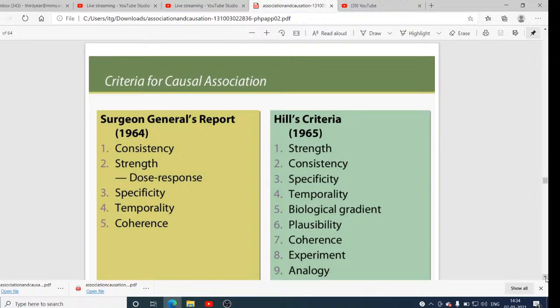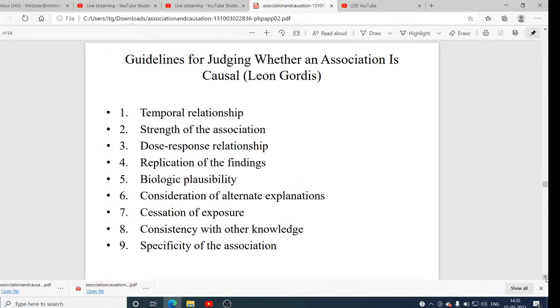And in Hill's criteria, it is strength, consistency, specificity, temporality, biological gradient, plausibility, coherence, experiment, and analogy. Guidelines for judging whether an association is causal or not.